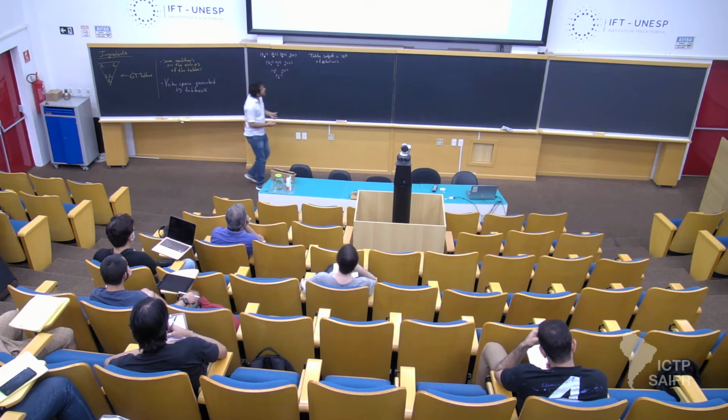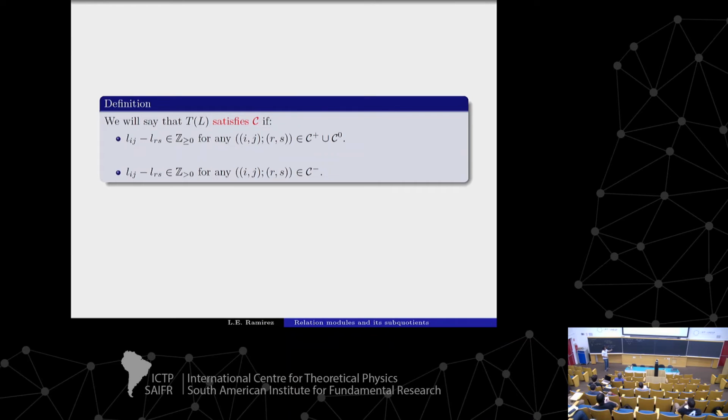So the idea is we consider a Tableau with complex entries, and what we want for this Tableau is that you have a set of relations or a graph. The differences should be nonnegative integers if the arrow is going down or horizontal, and the difference is a positive integer if the arrow is going up.